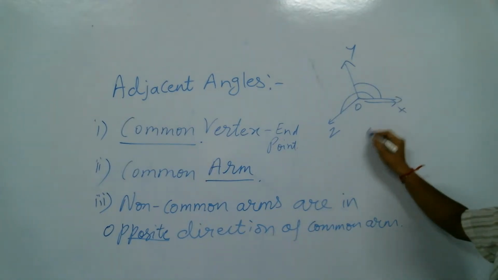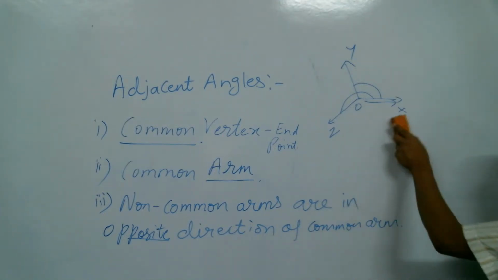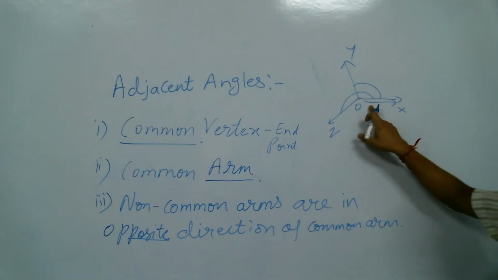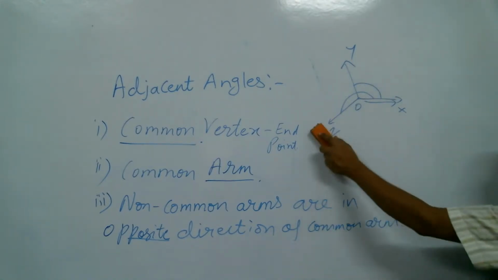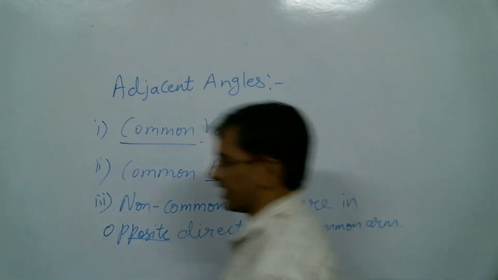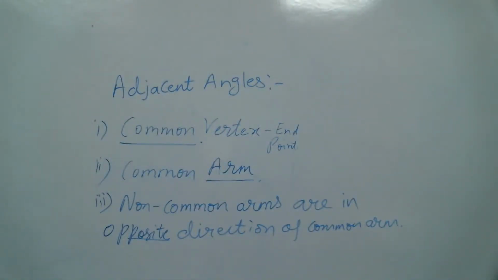So these two angles are not adjacent. Why? Because the common arm is in the same direction. दोनों एंगल के लेफ्ट साइड में आ गया.